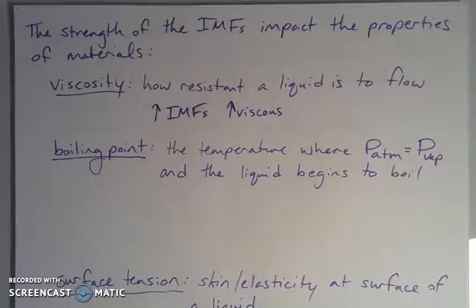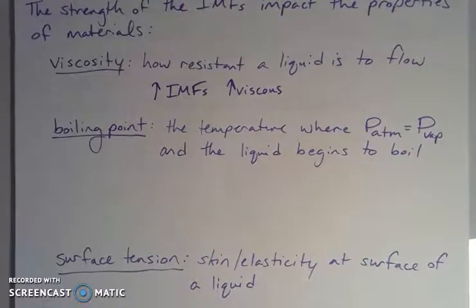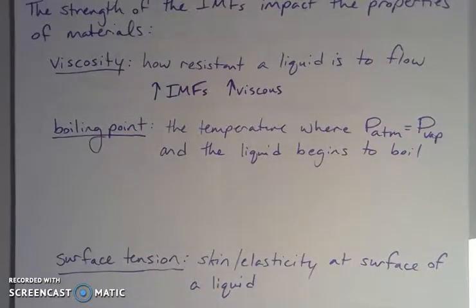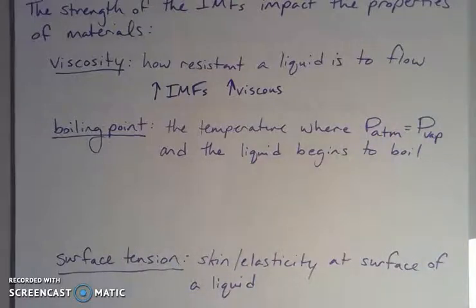Another characteristic that is impacted by the intermolecular forces and their strength is boiling point. So boiling point is the temperature at which the atmospheric pressure is equal to the vapor pressure. And recall that vapor pressure is the pressure of the gas, the partial pressure of a gas over the surface of a liquid. And so when that vapor pressure is equal to the atmospheric pressure, then the liquid begins to boil.